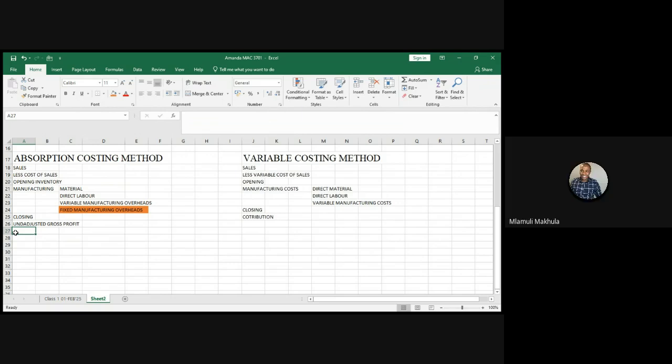Contribution is similar to gross profit, but it is not gross profit, but we call it contribution. It's the difference between your sales less variable cost of sales. Actually, let's do this before we put contribution. You'll see when we are doing it practically.